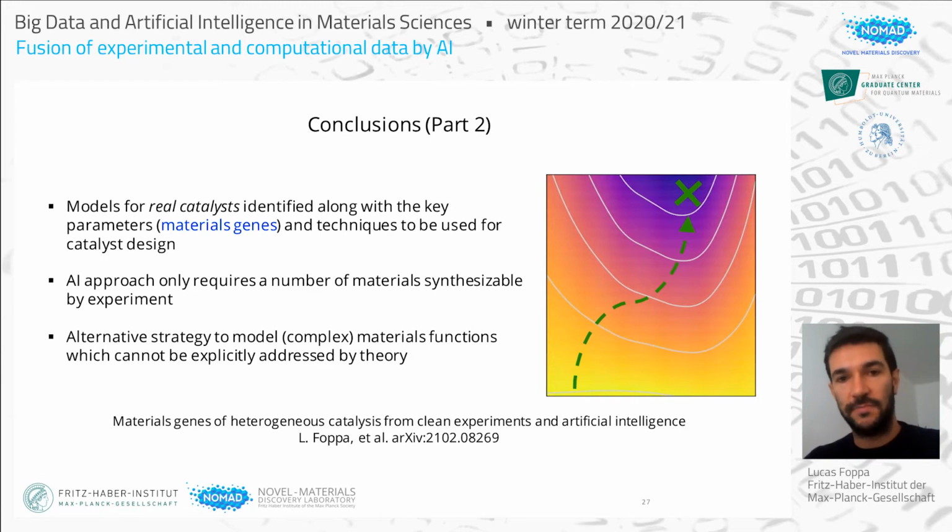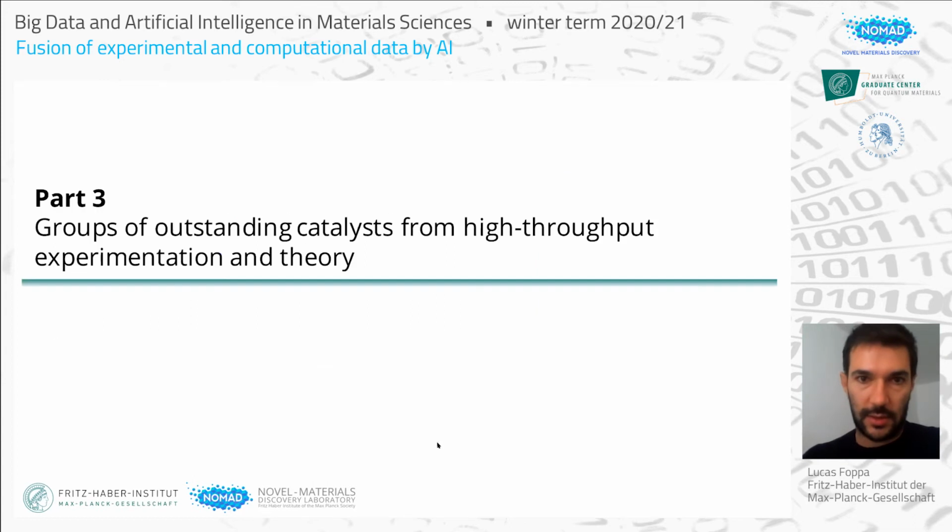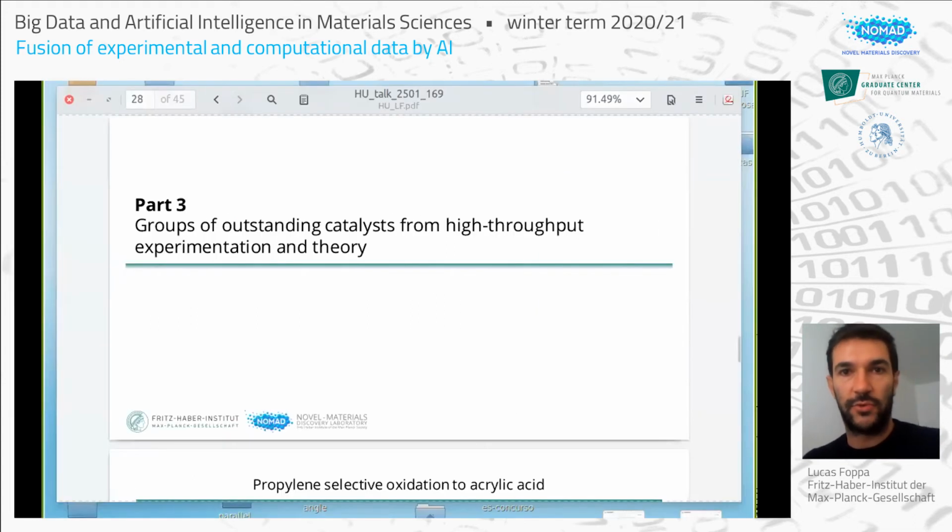This is a way of handling these very complex materials functions where we cannot really tackle the whole complexity by atomistic simulations, for instance. And here I leave you the reference for the paper discussing this work. In case you're interested, you can also already access the preprint of this paper. And this is how we end this part.